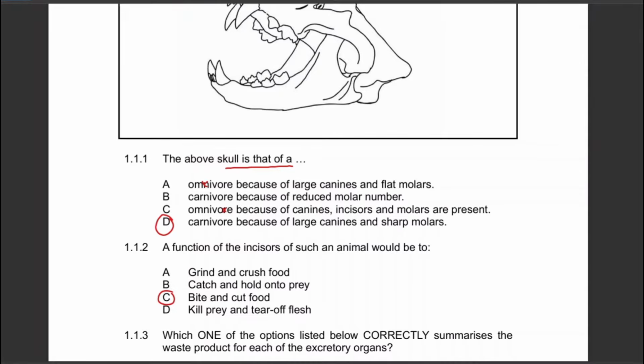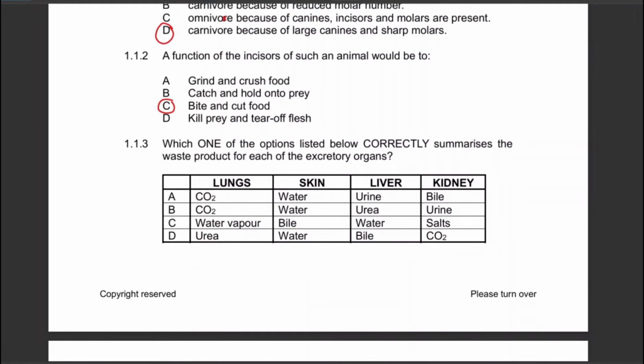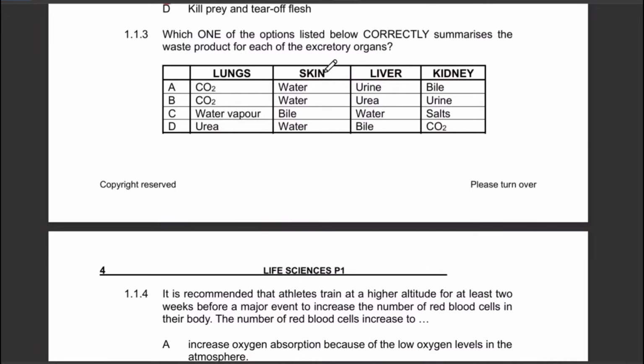Okay. Then 113. Which one of the options listed below correctly summarizes the waste product for each of the excretory organs? Lungs, skin, liver, kidney. So water.